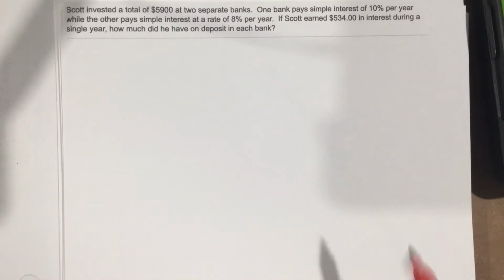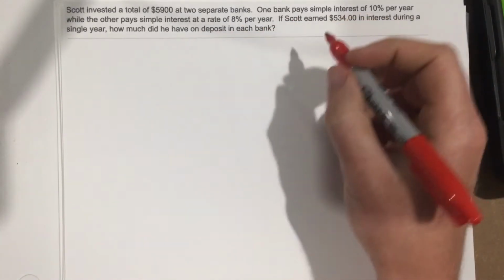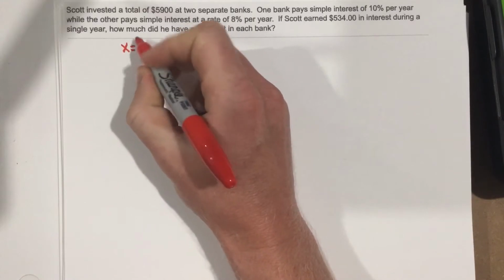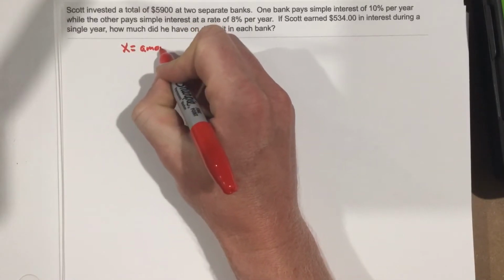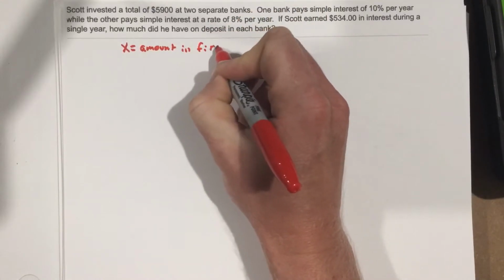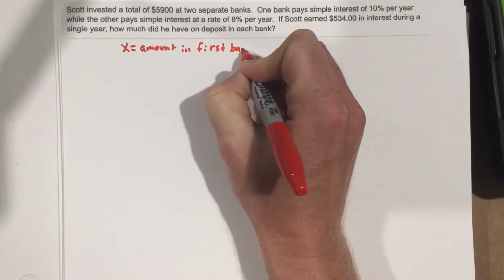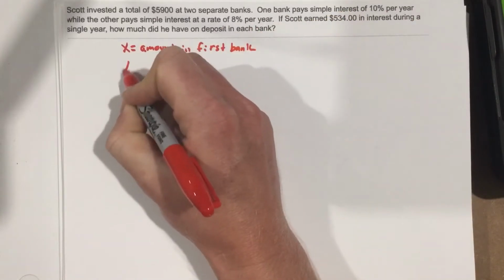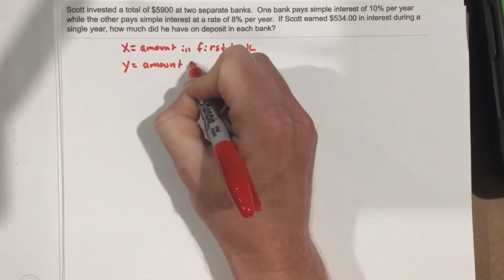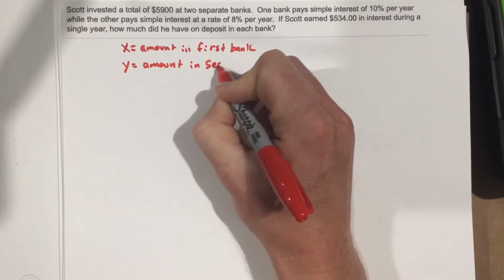All right. We've got 2 banks going on here. So because we're dealing with 2 banks, we're going to say X is going to equal the amount in first bank, and Y is going to equal the amount in second bank.